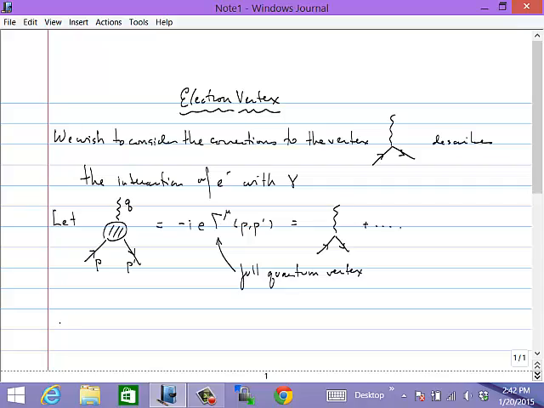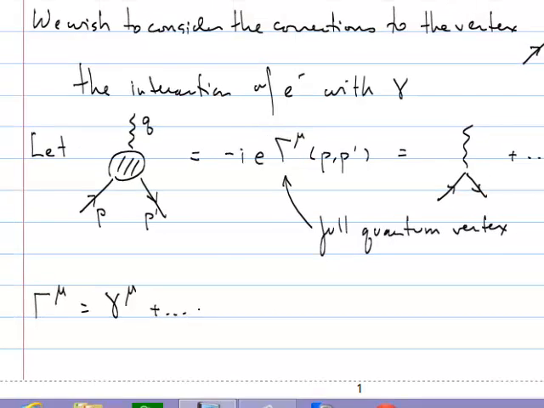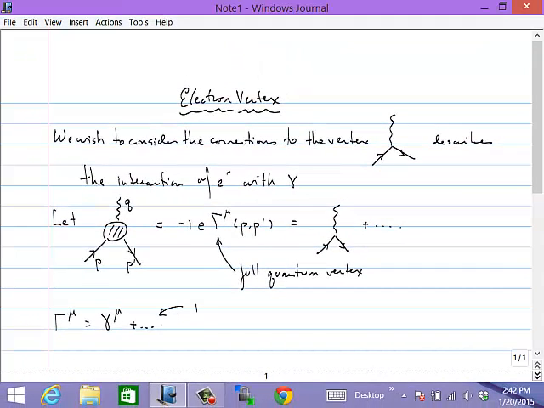So, of course, at leading order, this vertex is just given by the tree-level interaction vertex, which is minus ie lowercase gamma mu, so that what I called capital Gamma is just given by a gamma matrix plus higher order corrections, where these corrections are some function of the various parameters in the problem.